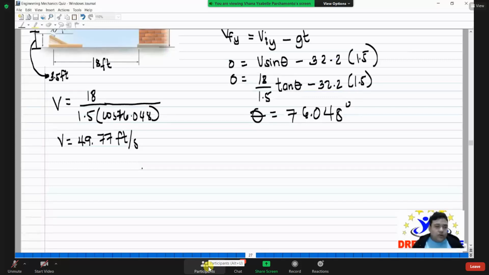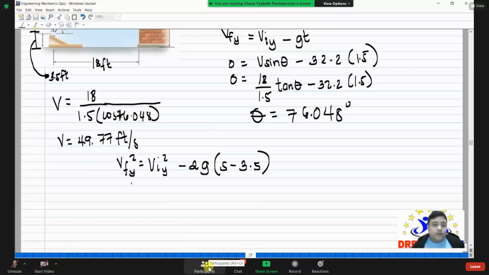So that is pwedeng equation or general equation of the projectile. Pwede rin yung VF and VI squared. So that is VF squared is equal to VI squared. So this is in the Y direction. Minus 2 times yung ating gravitational acceleration times yung displacement. So since hindi siya nasa reference, so this is S minus yung ating level na 3.5.